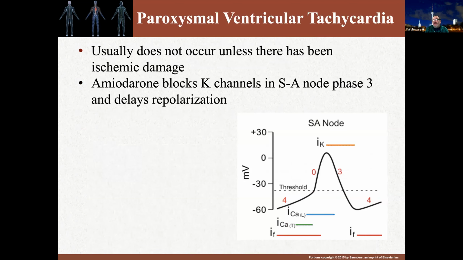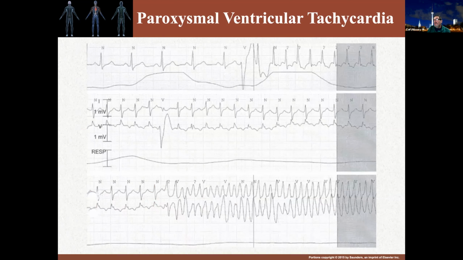Paroxysmal ventricular tachycardia generally only occurs if there's been ischemic damage. And it turns out that you can block some of this condition with amiodarone. Here we see an interesting tracing of paroxysmal ventricular tachycardia.